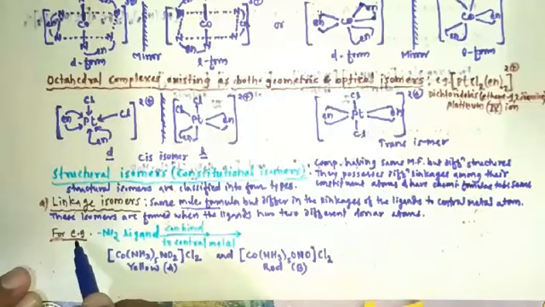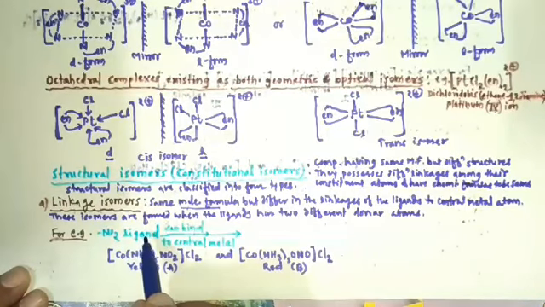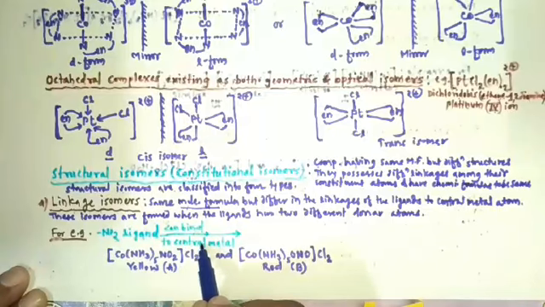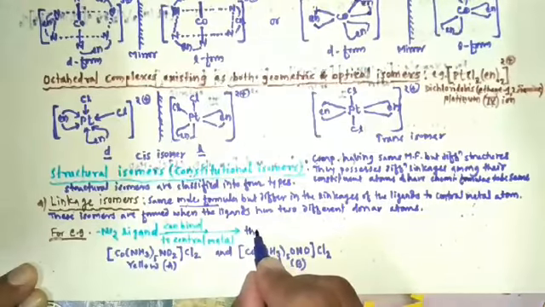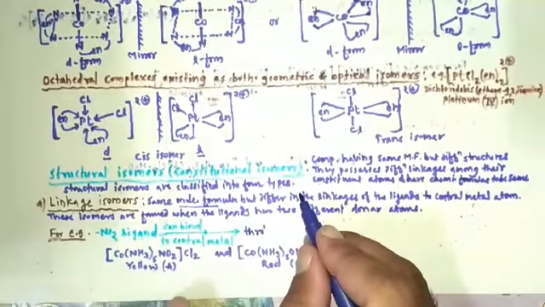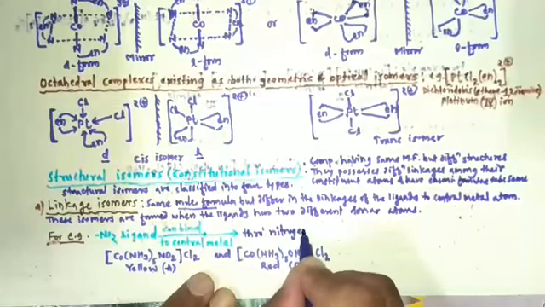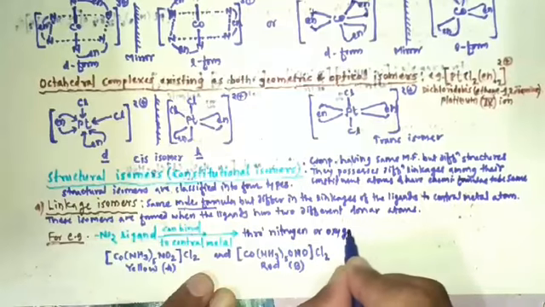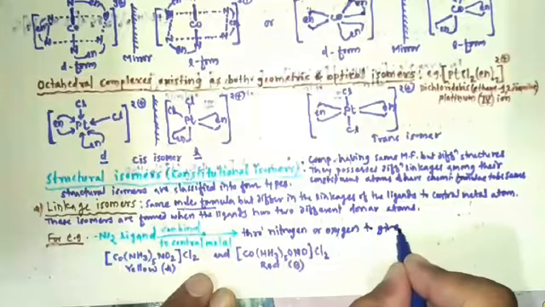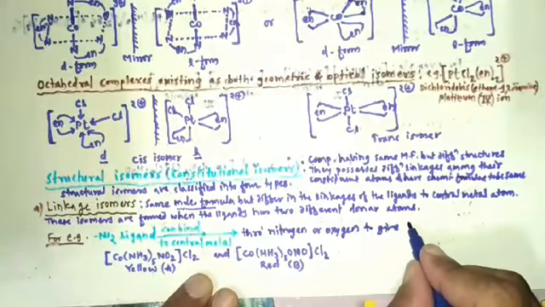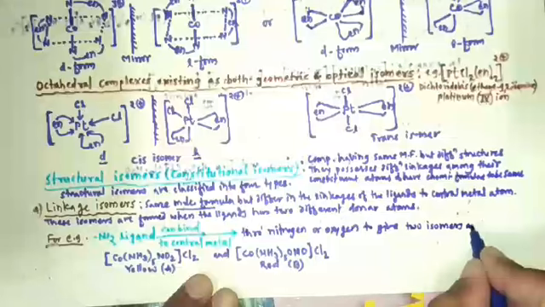For example, the NO2 ligand can bind to the central metal atom or ion through nitrogen or oxygen to give two isomers as follows.